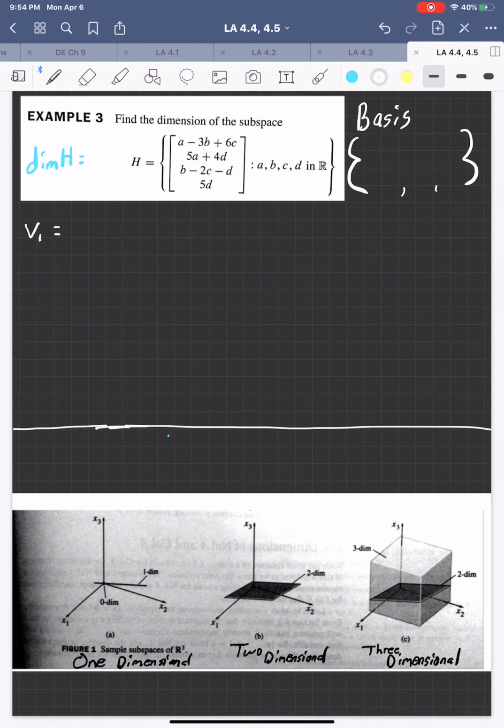So let me see if I can start writing out. If I have variables A, B, C, D, I have four variables. That means I'm going to have 4 different vectors.